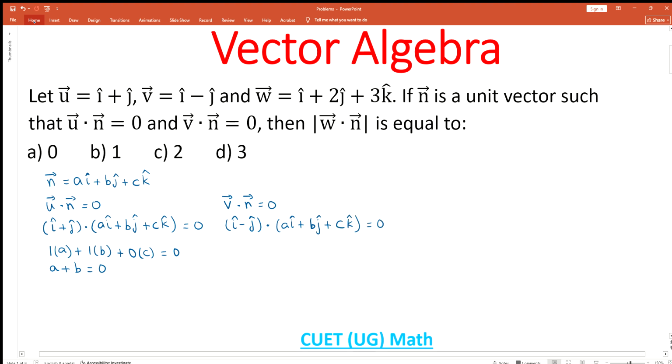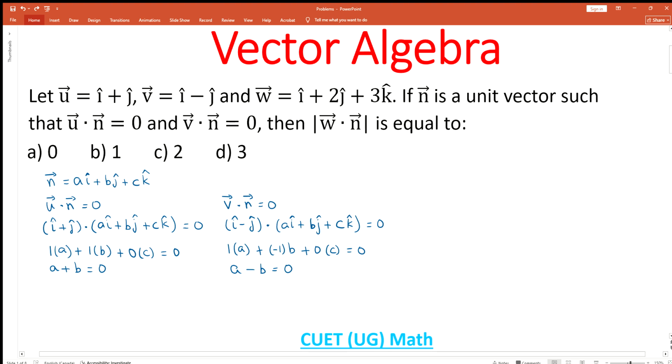Now we can calculate the dot product by multiplying the coefficients of i, j and k components. I get 1 times a for the i component and then negative 1 times b for the j component and then 0 times c for the k component. Now we can simplify this equation. a minus b equals 0.